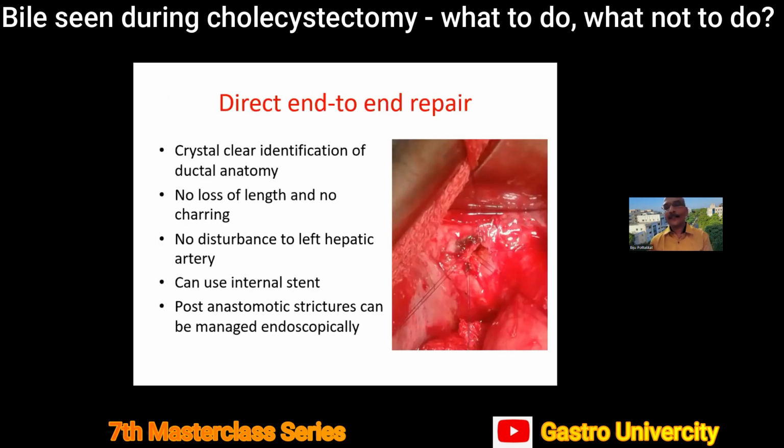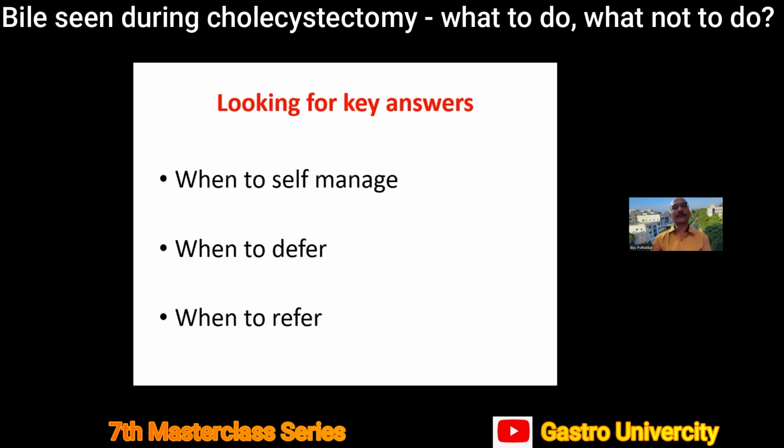And direct end-to-end repair is also feasible, provided that you have sufficient expertise. If it restricts, your endoscopist should be able to stent and dilate, like a low type 1 or type 2 bile duct stricture. But at the same time, ensure that you have adequate loupes and other gadgets for this.